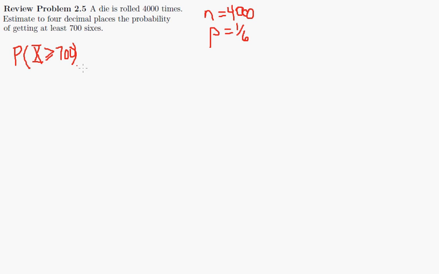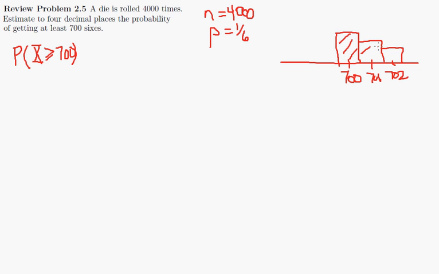Okay, so to do that I first need to apply the continuity correction. When I apply the continuity correction, the picture is 700, then 701, 702, and I pretend I have rectangles on top of these that correspond to the binomial distribution. So x is greater than or equal to 700 because the question says at least 700, so I include the rectangle on 700 and I'm going to the right.